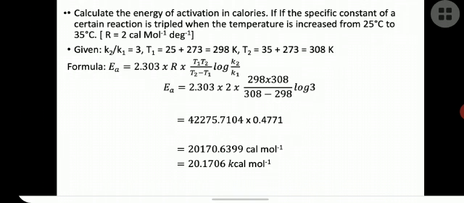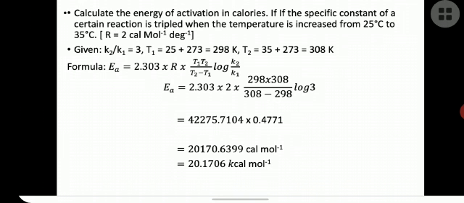Value of R is 2, value of T1 is 298 and value of T2 is 308 divided by 308 minus 298 into value of K2 upon K1, which is 3. Therefore, I have written log 3.